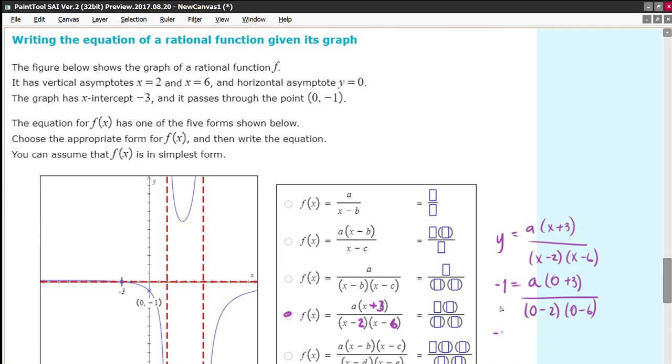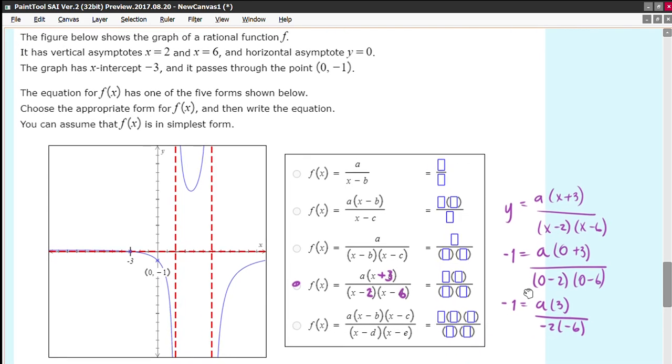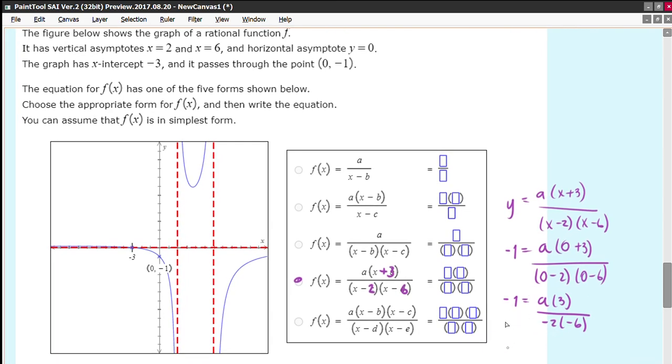So this would be -1 equals a times 3 over (-2 times -6). So that is -1 equals 3a over 12.